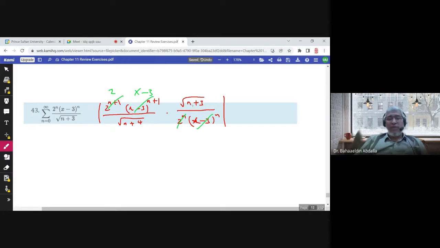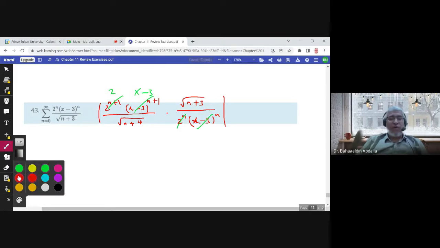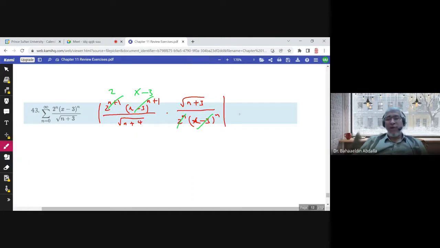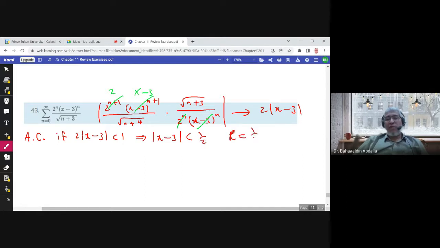Now limit square root of n plus 3 over square root of n plus 4 will go to 1, n over n. So this will go to 2 times absolute value of x minus 3. And this is absolutely convergent if 2 times absolute value of x minus 3 is less than 1, which means absolute value of x minus 3 is less than half. So the radius of convergence is half.